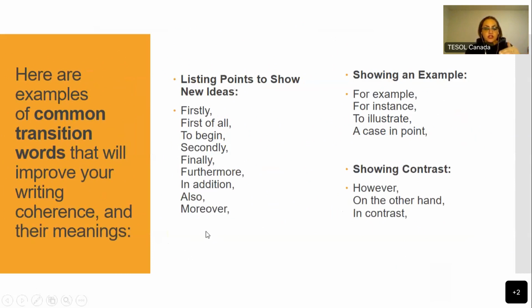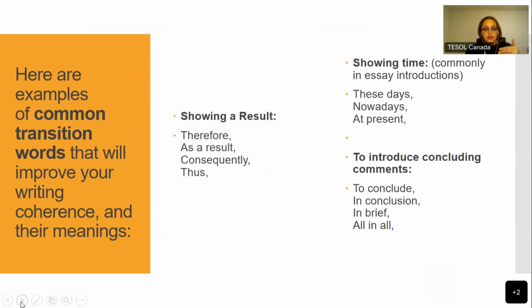When you want to start a conclusion: finally, or to conclude, or in conclusion, all in all, in brief. When you want to show result: therefore, as a result, consequently, thus. So it's good to teach these words to your students, so they understand what different words they can use to improve coherence and make transitions in their writing and connect the sentences.